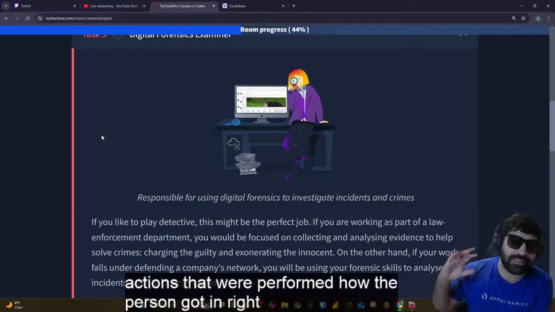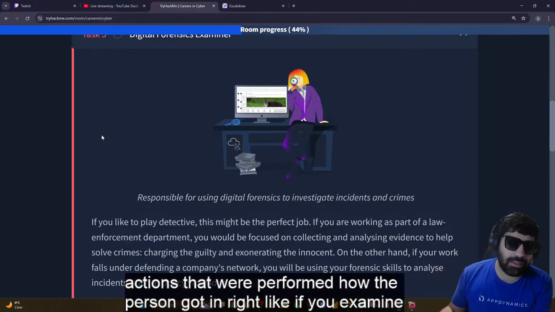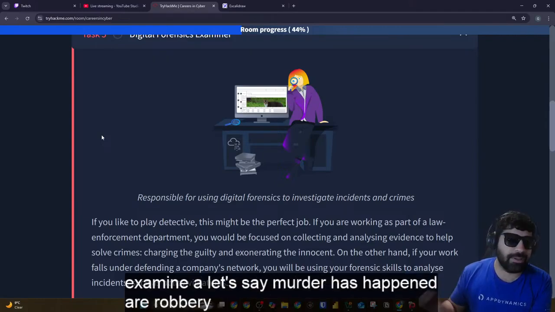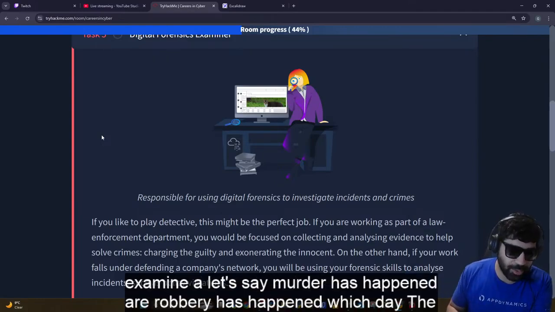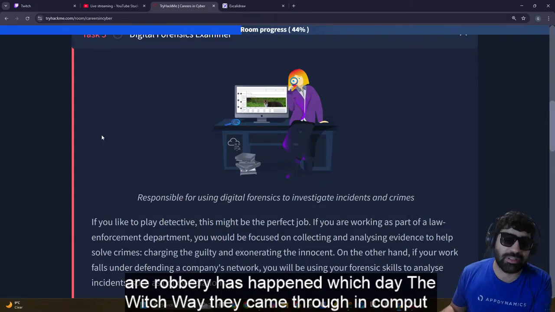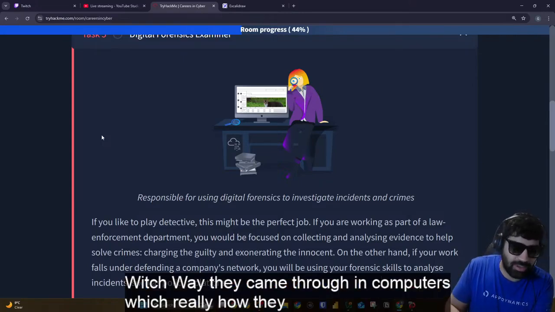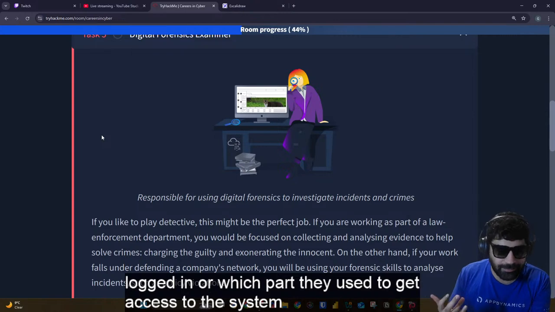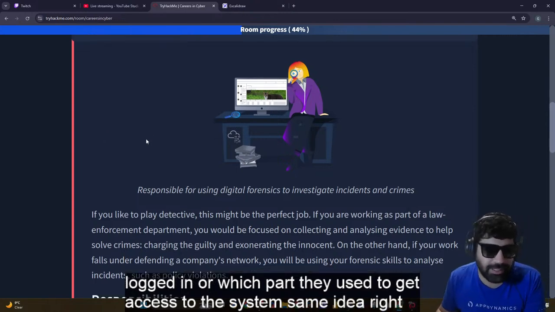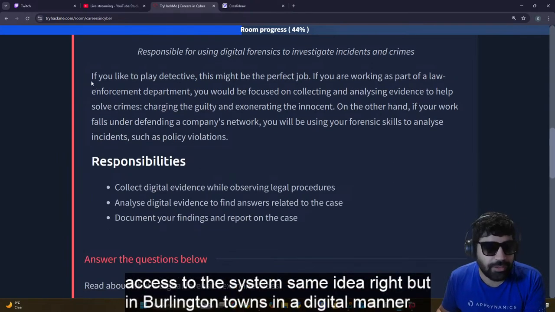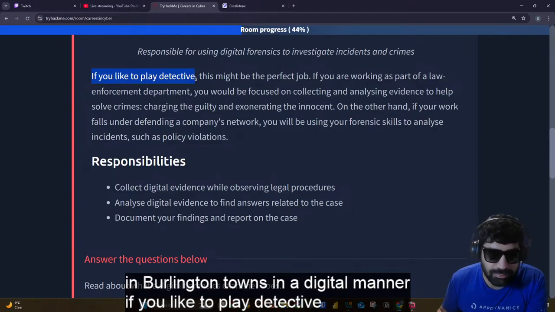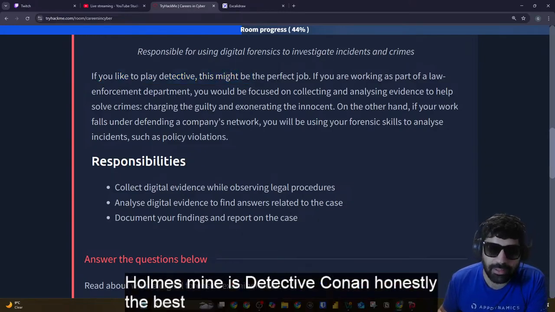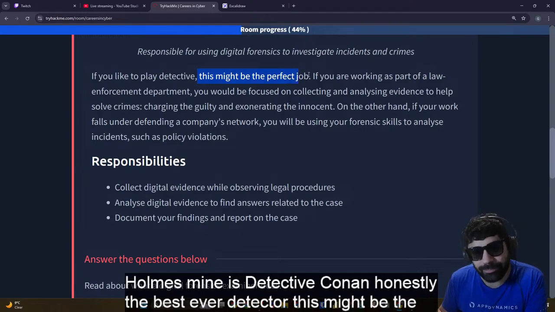Say a robbery has happened: in computers, which way they came through would be how they logged in or which path they used to get access to the system. Same idea, but in a digital manner. If you like to play detective, Sherlock Holmes, mine is Detective Conan, honestly the best ever detective, this might be the perfect job.